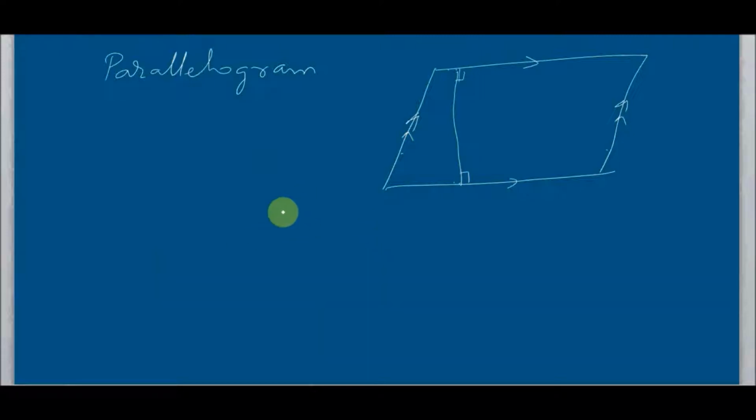So what are the related things to know about parallelograms? First of all, opposite angles are equal. That means if I name this parallelogram like this, angle ABC will be equal to angle ADC. Opposite angles are equal, and this is opposite to this.